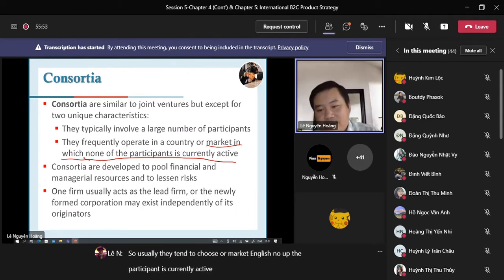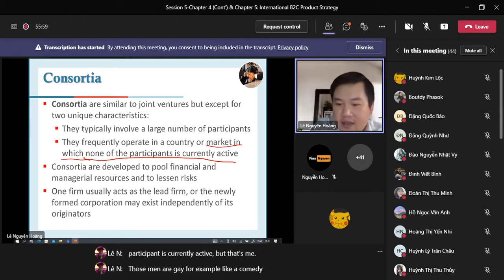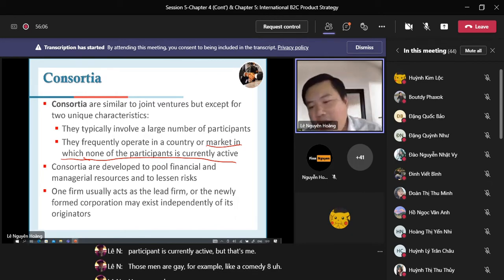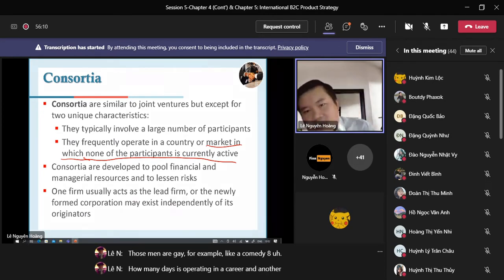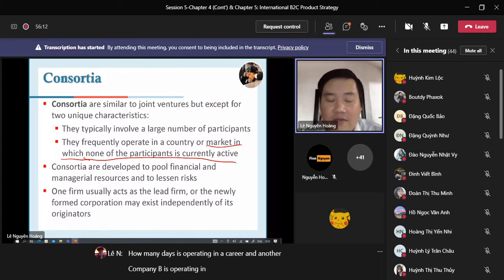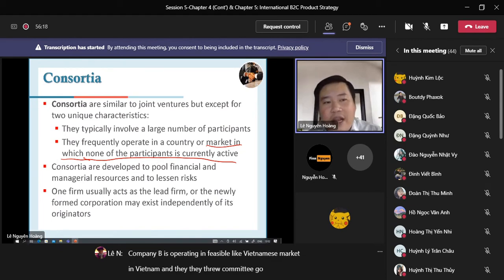What does it mean? Okay, for example, a company A is operating in Korea, and another company B is operating in, for example, the Vietnamese market in Vietnam, and these two companies go for a consortia.